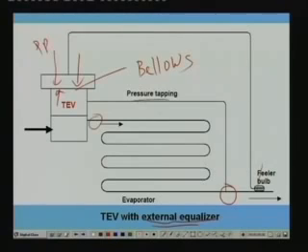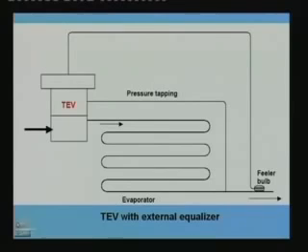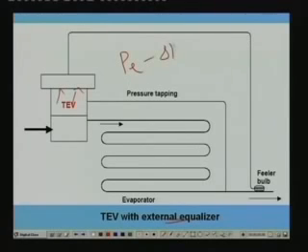That means you take a pressure tapping at the outlet of the evaporator, and that pressure will be acting below the bellows. So this is called the TEV with external equalizer. In a normal evaporator, this partition will not be there, so the pressure acting here will be the inlet pressure itself, P inlet. But when there is a large pressure drop, we modify this and go for this kind of external tapping, so that the pressure opposing this will be PE minus delta P, not PE.